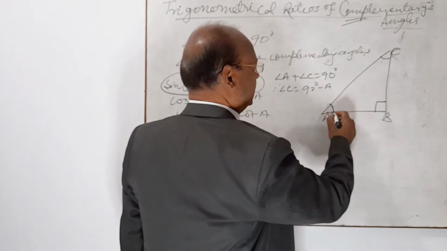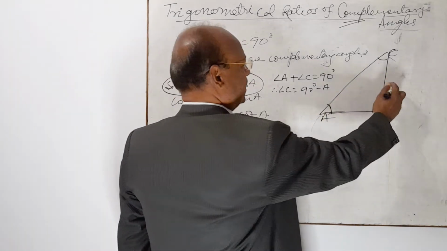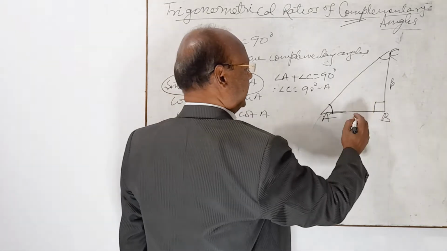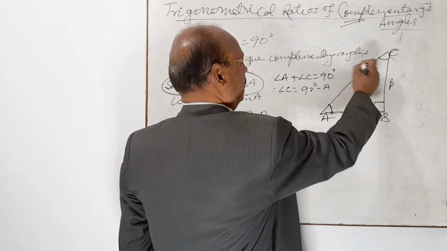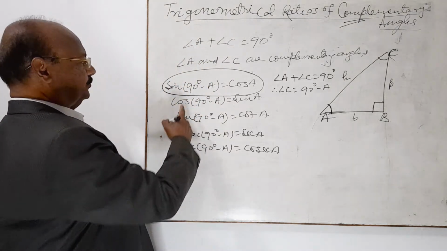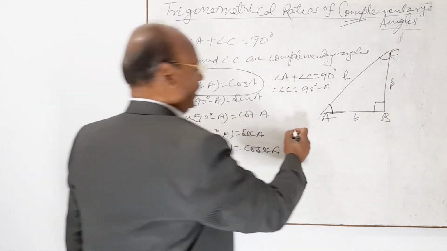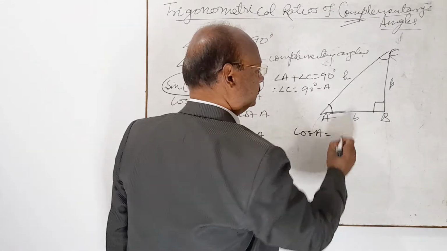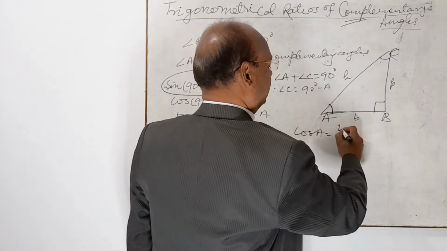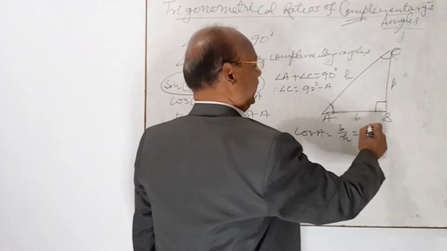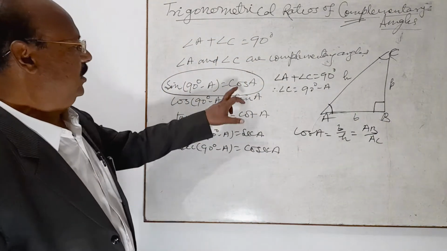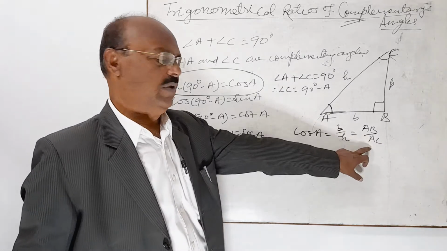With respect to this angle A, the opposite side is perpendicular, the adjacent side is base, and the longest side is hypotenuse. So here cos A will be B by H, which means AB by AC. This is the value of the right hand side. Cos A is AB by AC.